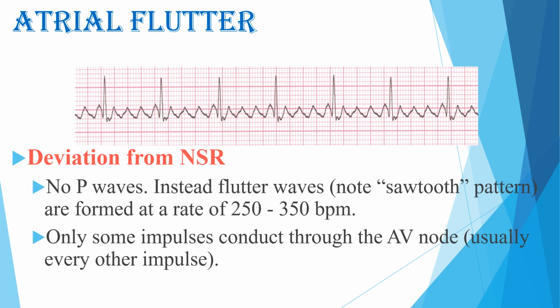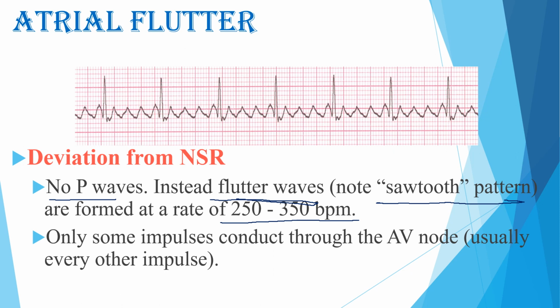So here is the ECG rhythm, and how it deviates from normal sinus rhythm. In atrial flutter, there are no P waves. Instead, there are flutter waves, otherwise denoted as a sawtooth pattern, which are formed at a rate of 250 to 350 beats per minute.